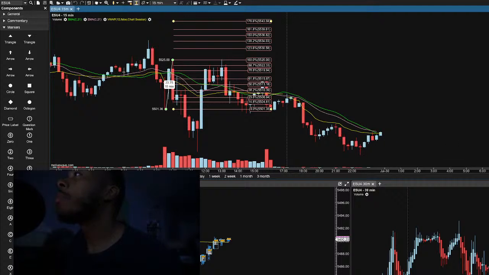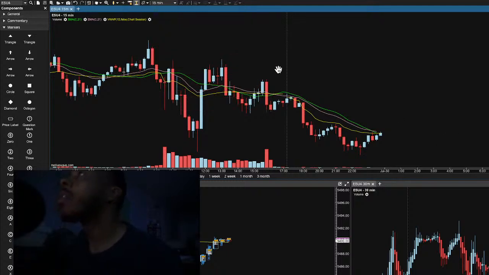If we can break this price here, 494, then I'll be more comfortable with buying. But until we break that, I'm not really too comfortable with buying. So I'm going to hold off on ES and go from there.